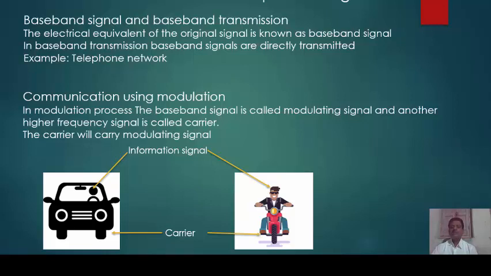Here the signal transmission can be of two types. In electronic communication, signals can be transmitted in two ways. The first one is known as the baseband signal.